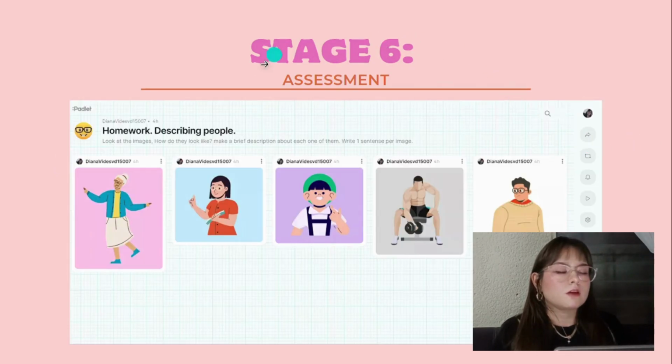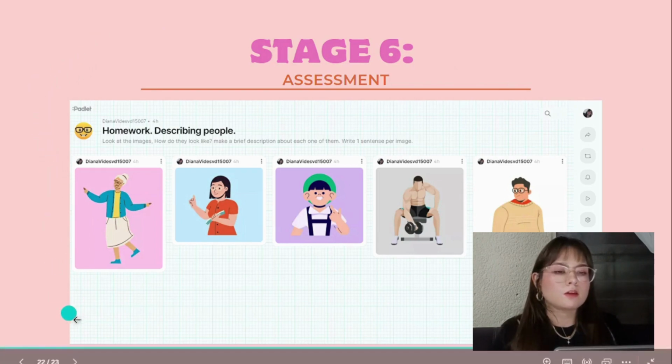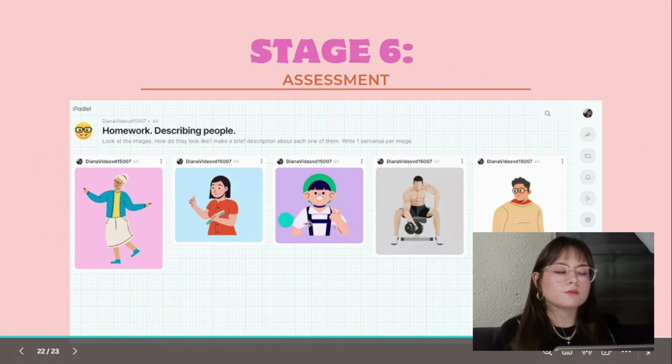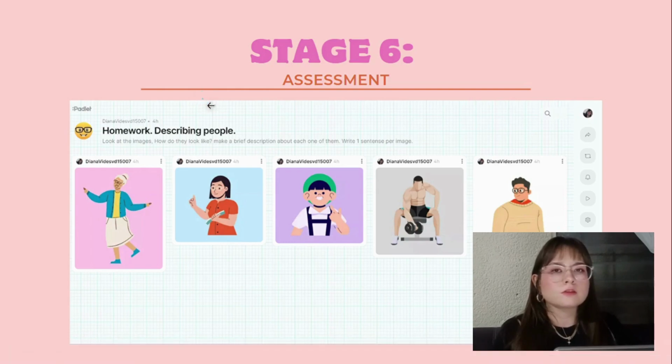This is the images and this is the homework, and they will have to describe these 5 people or 5 images. They can put little sentences about this person has gray hair and is tall, etc. This is what I wanted to do, to use the vocabulary they just learned, to use the adjectives in a correct way.